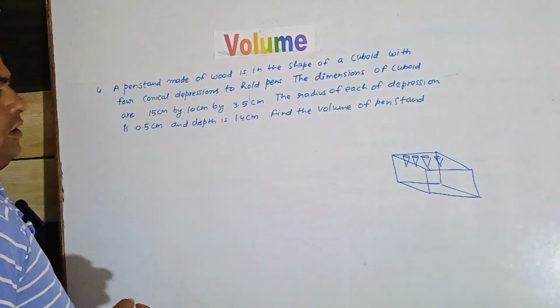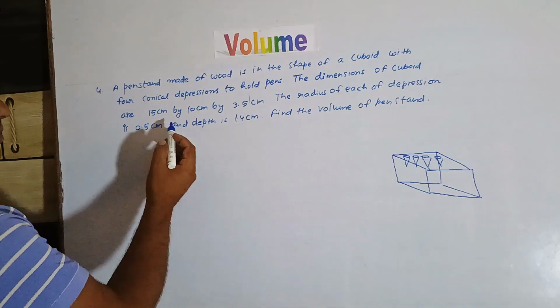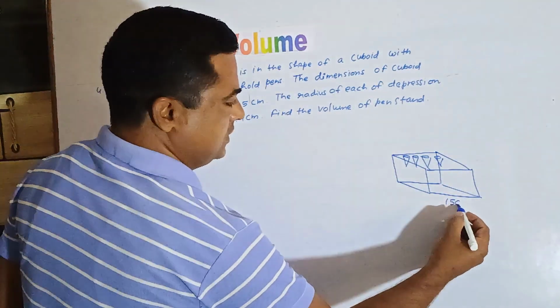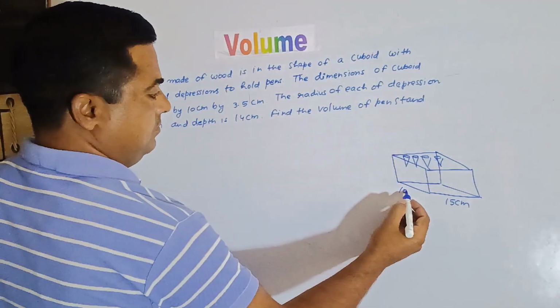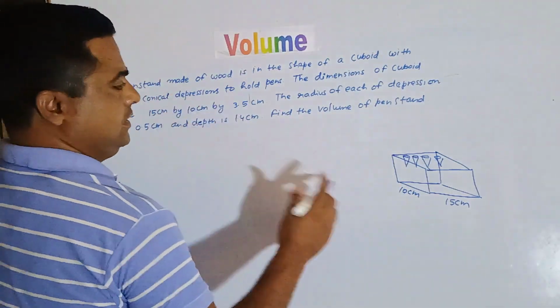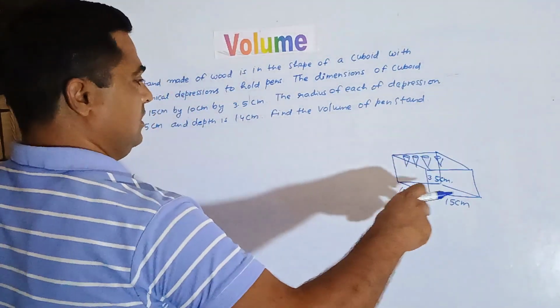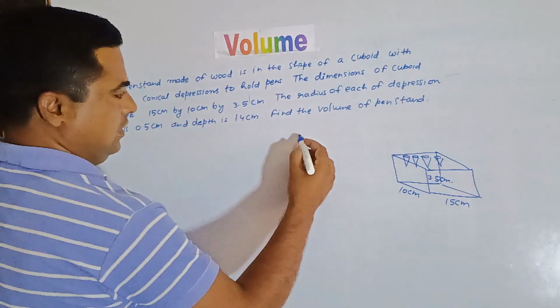Now the dimensions are given here. The length of the cuboid is 15 centimeter, the breadth is 10 centimeter, and the height is 3.5 centimeter. Correct? So these are the dimensions of the cuboid, and we have a conical depression like this.